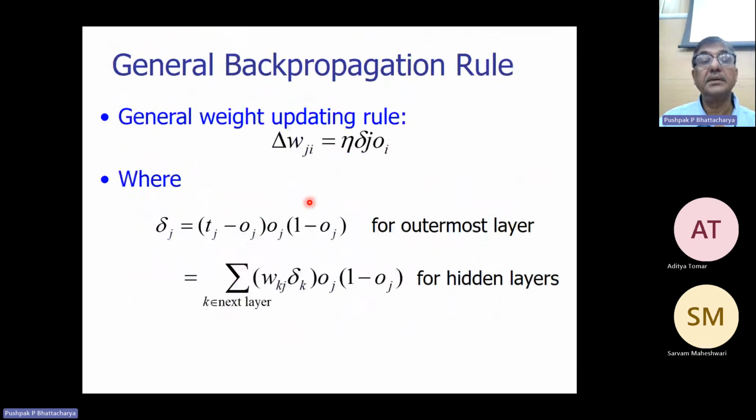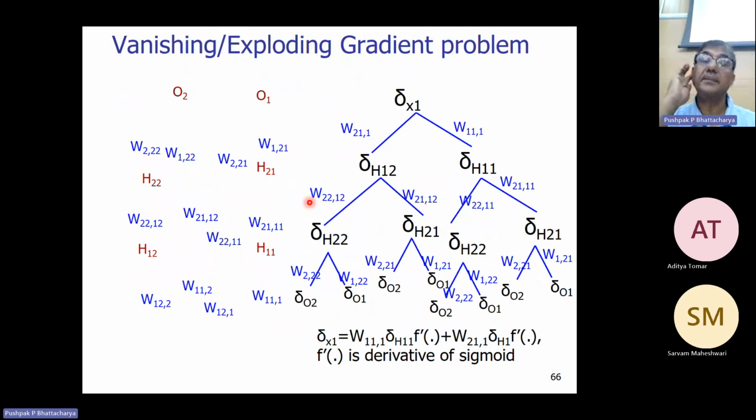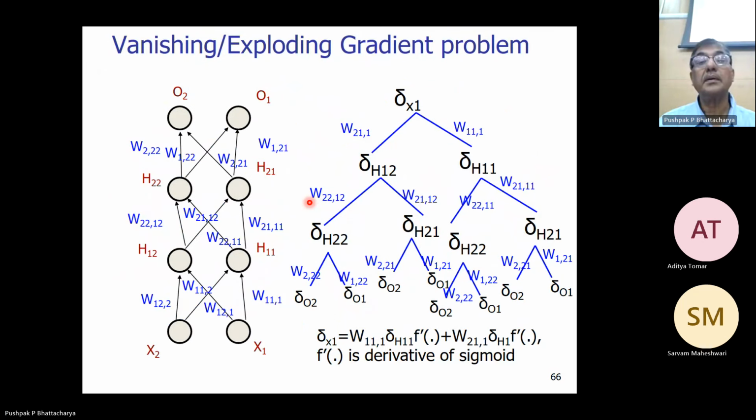the vanishing and exploding gradient problem. So this becomes quite intuitive if you remember how the delta values are obtained. The delta value here is the backpropagated deltas coming from here multiplied by the activation derivative. The delta value here will be the delta values coming backward multiplied by the activation derivative here.